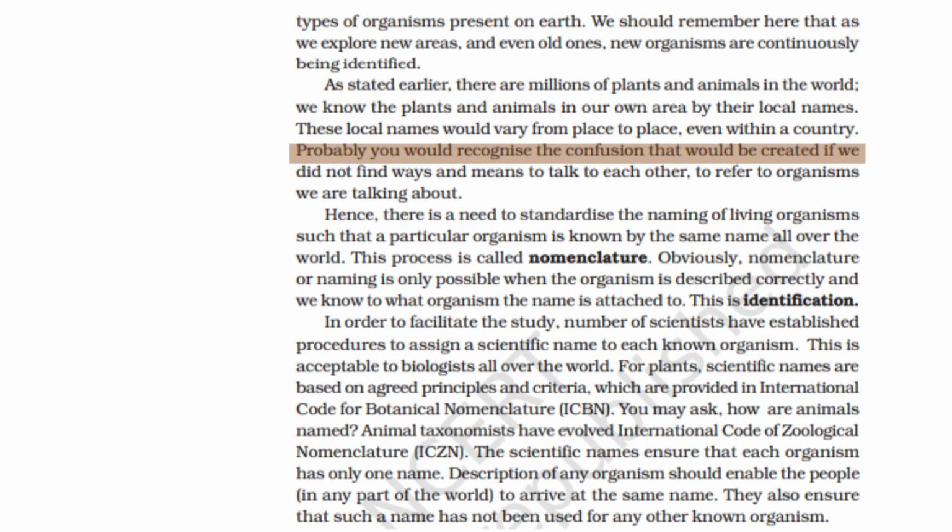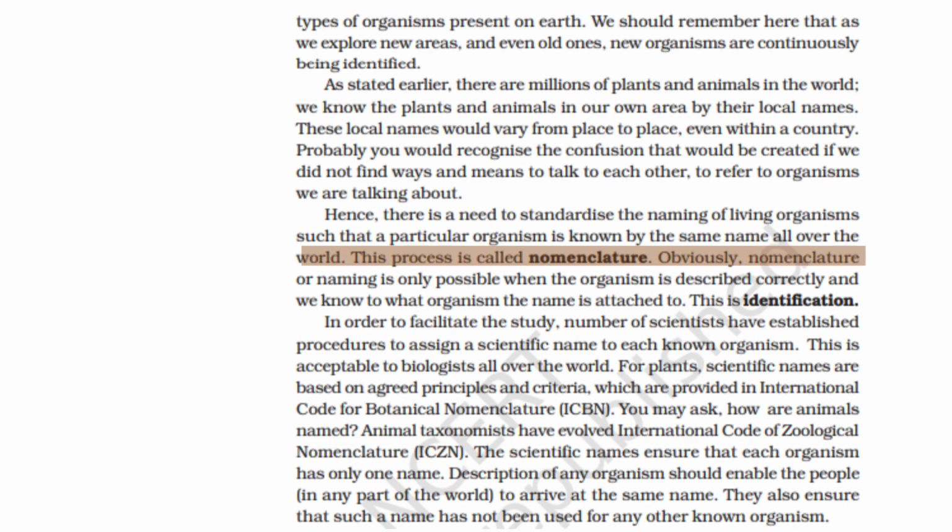Probably you would recognize the confusion that would be created if we did not find ways and means to talk to each other, to refer to organisms we are talking about. Hence, there is a need to standardize the naming of living organisms such that a particular organism is known by the same name all over the world. This process is called nomenclature.